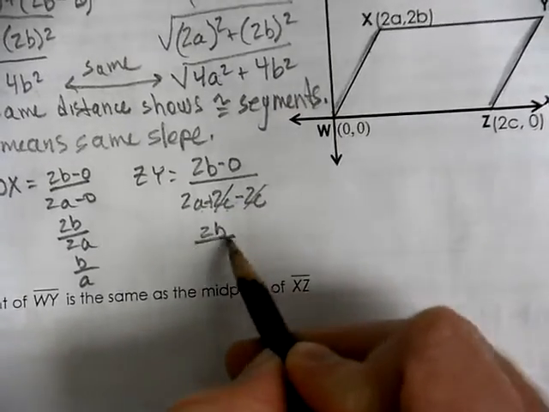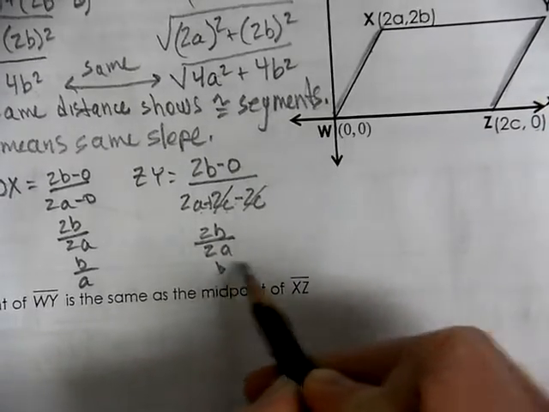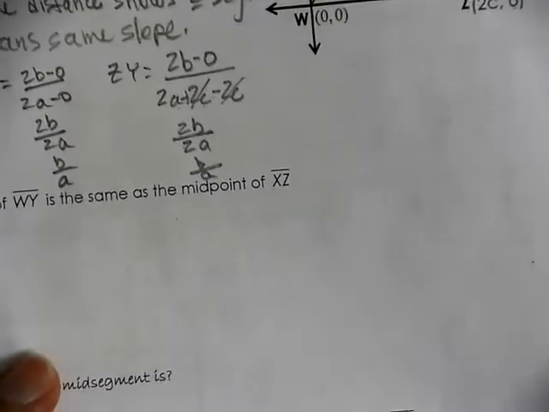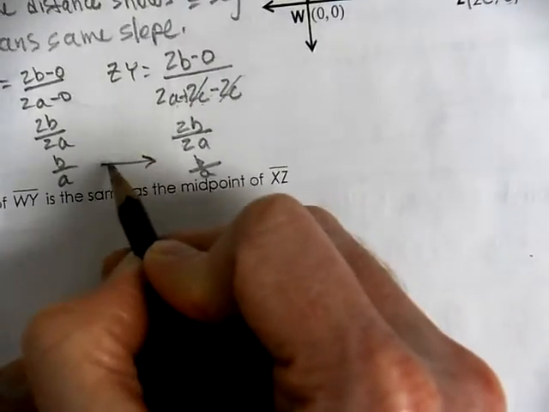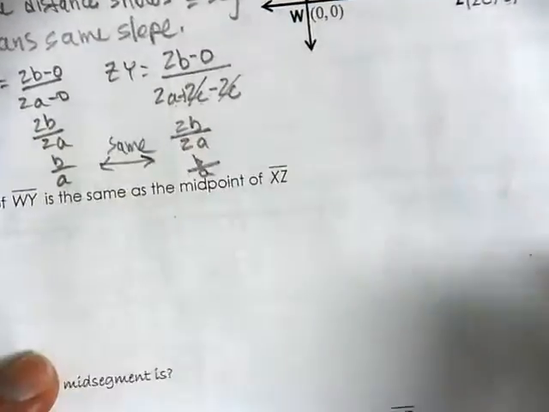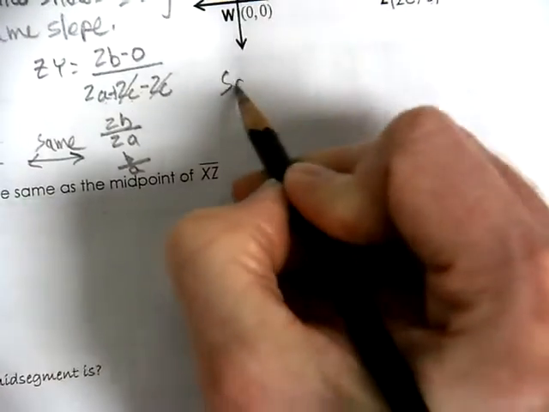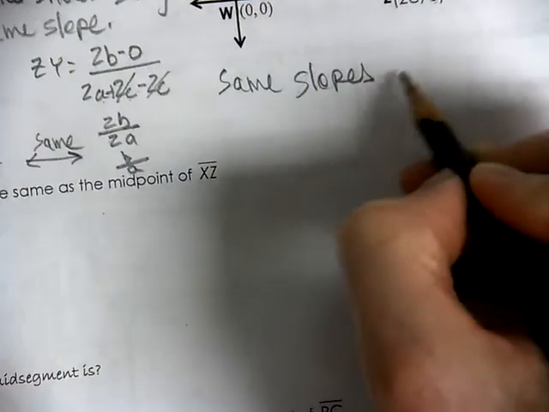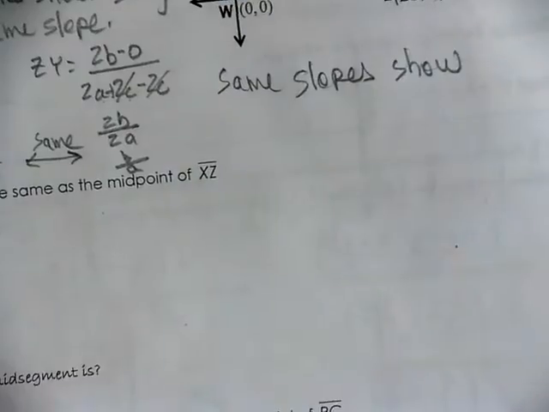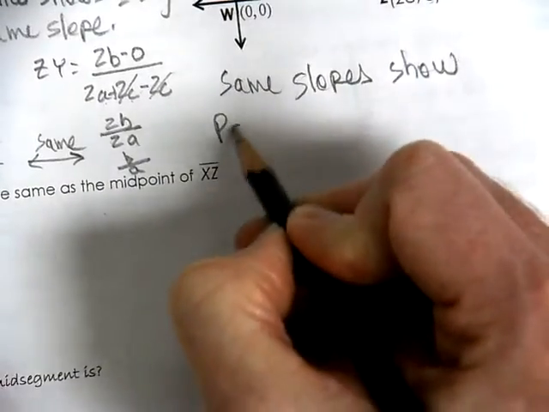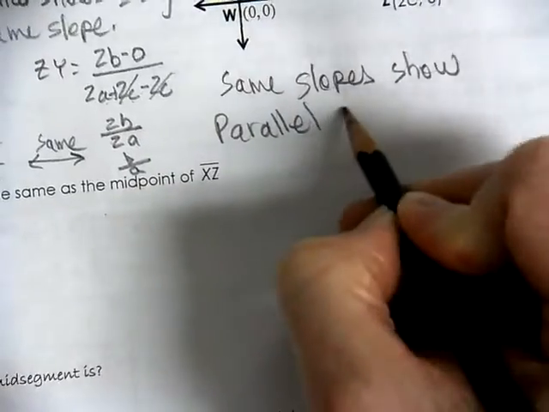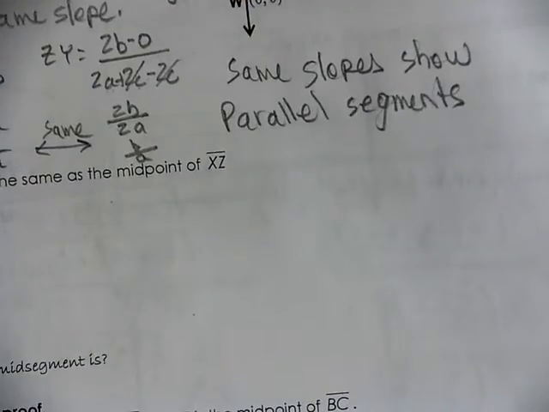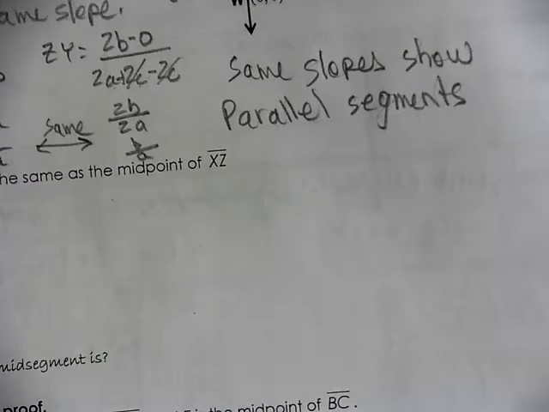So this is 2b over 2a, which is b divided by a. So these are the same. Same slopes show parallel segments. And that's what we just did.